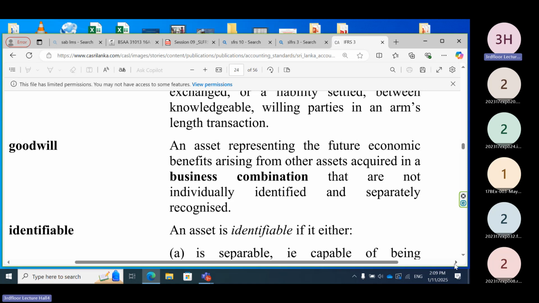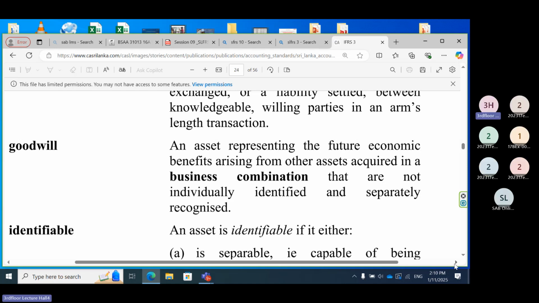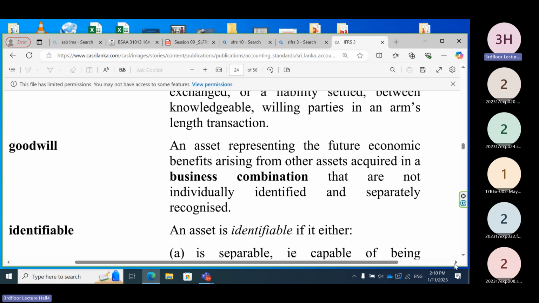So this company will be purchased by A company. A company is now trying to give a purchase consideration. We are giving some money to buy an 80% stake. Let's say according to the book value, the net assets are 100.